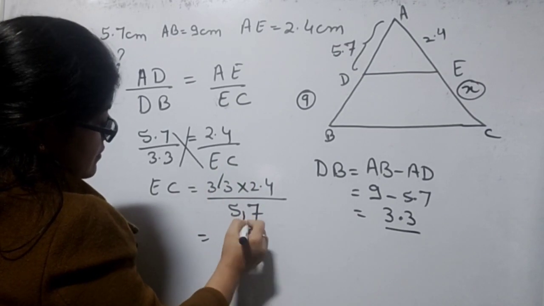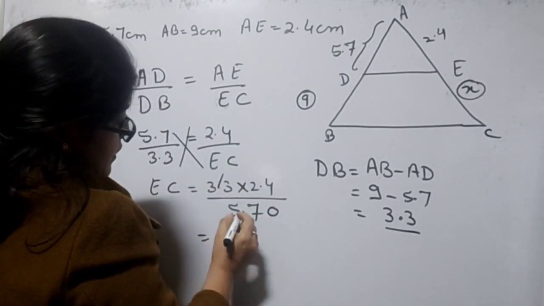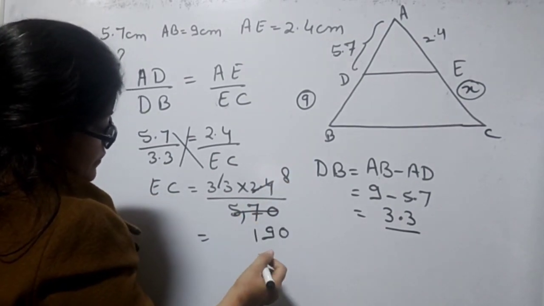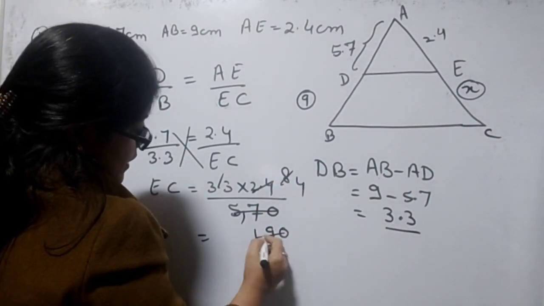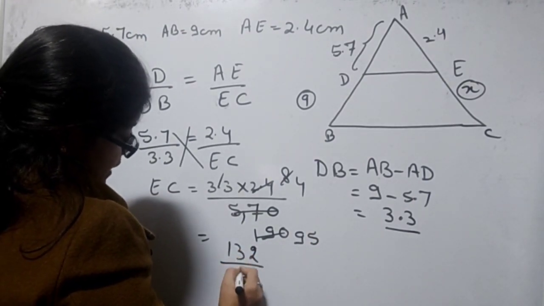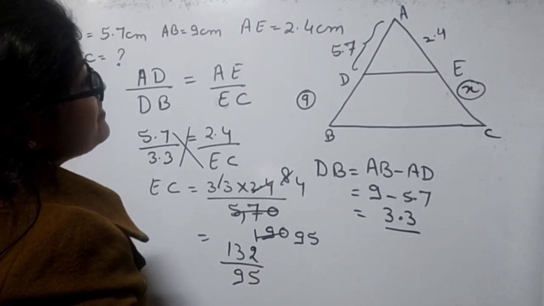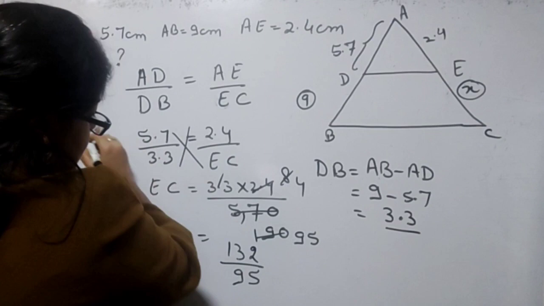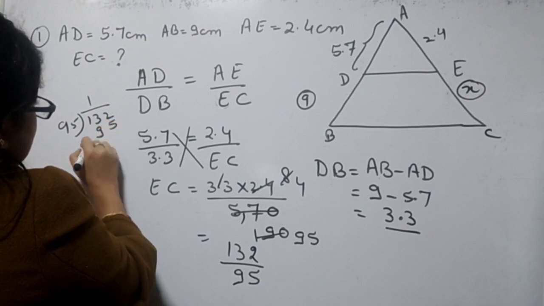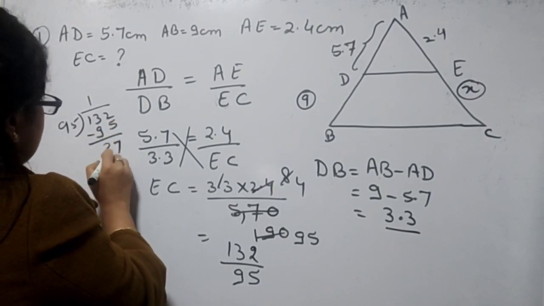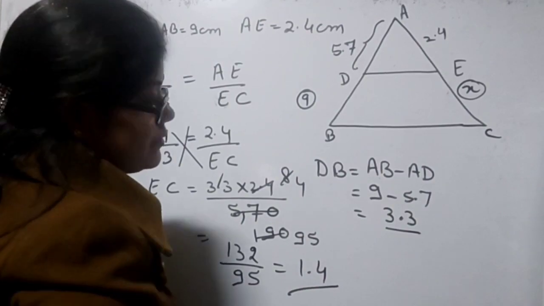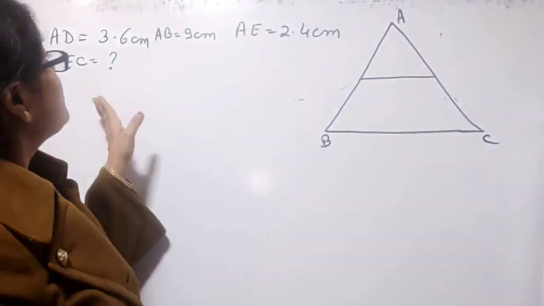Now all the decimals get removed, so it is 33 into 24 over 57. Three 8s are 24, three 1s are 3, and so on. Then we have 132 over 95. 132 divided by 95 is approximately 1.4 centimeter.